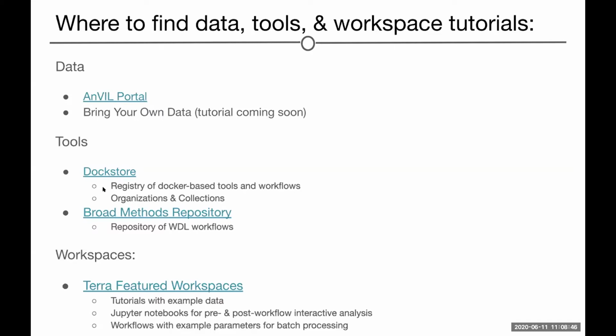If you're unfamiliar, it's a registry of Docker-based tools and workflows. So these are helping researchers make more reproducible tools and workflows that easily work in the cloud, including with the AnVIL ecosystem. One of the nice features of Dockstore are organizations and collections, and I'm going to kind of use this feature to highlight some of the use cases today.